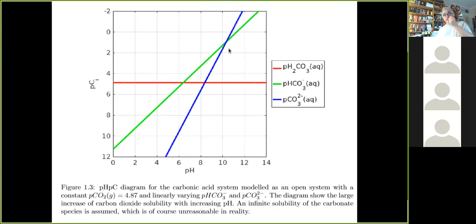This is a way to try to estimate what kind of hydrogen carbonate levels we will have. But I agree, this is a kind of weird diagram, but at least it fits our purposes of trying to estimate how much hydrogen carbonate could be dissolved.